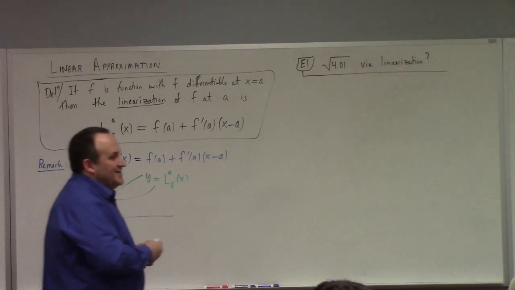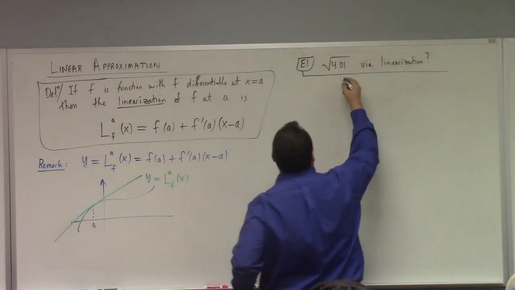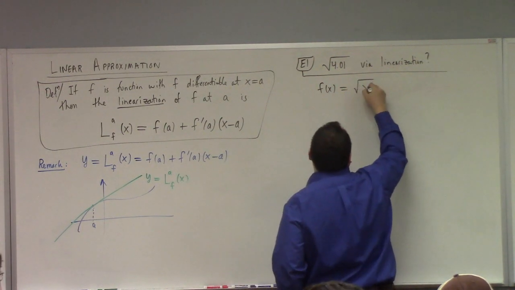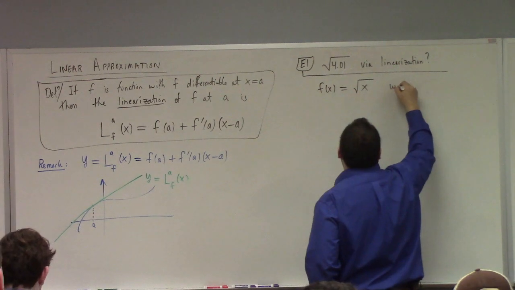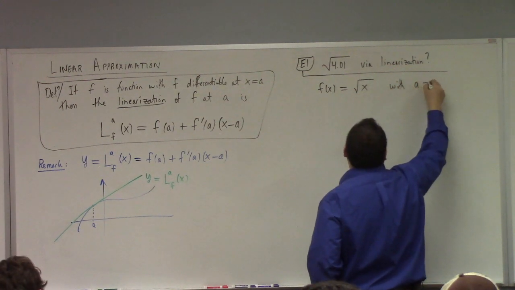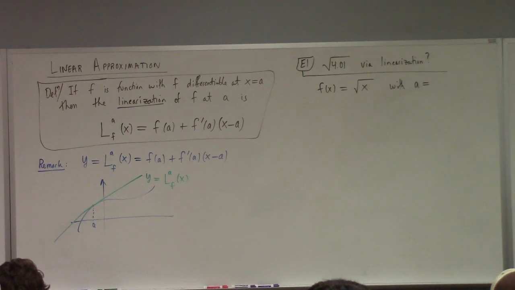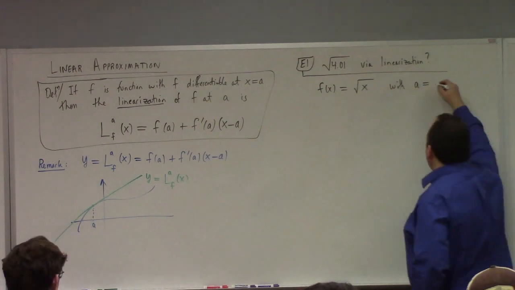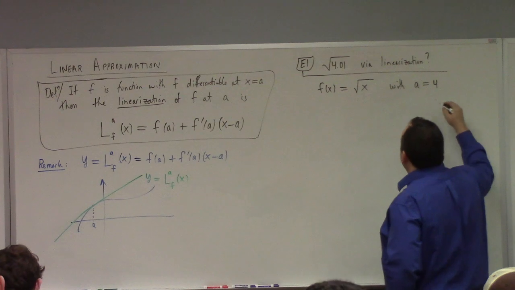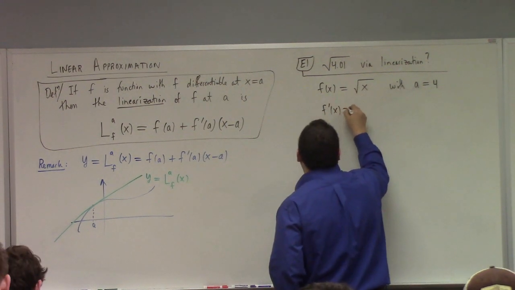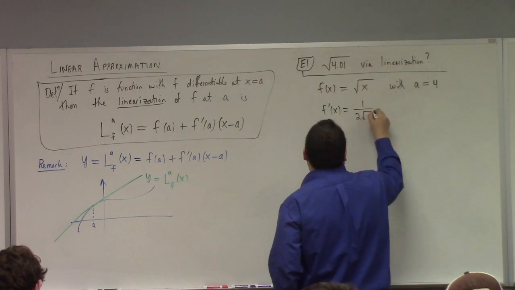So which function should I look at maybe? How about this? I should think about f of x equals the square root of x with maybe a equals what? What's close to 4.01? 4, right? And that's a good choice because in that case, f prime of x is equal to 1 over 2 times the square root of x.